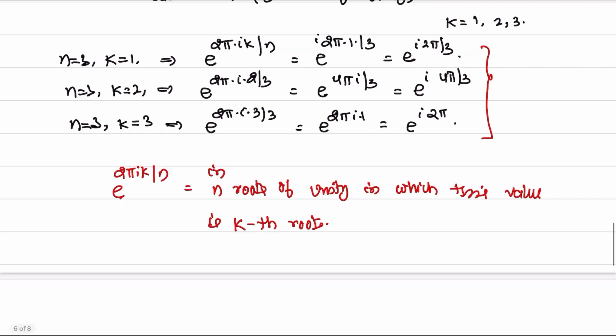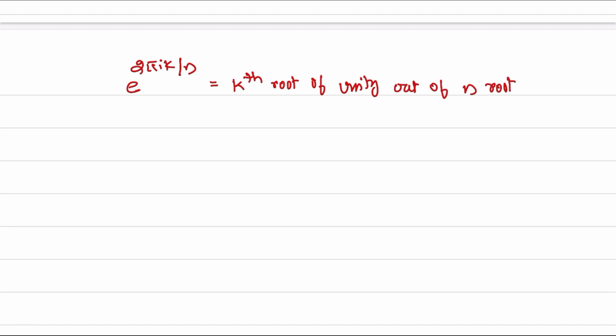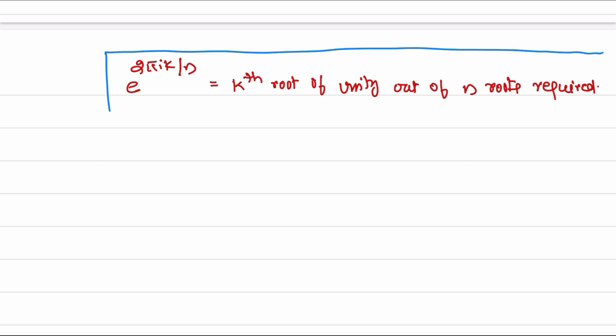That means e to the power of 2 pi I k by n is equal to the kth root of unity out of n roots available, or n roots required to be calculated. This is the ultimate meaning of e to the power of 2 pi I k by n.